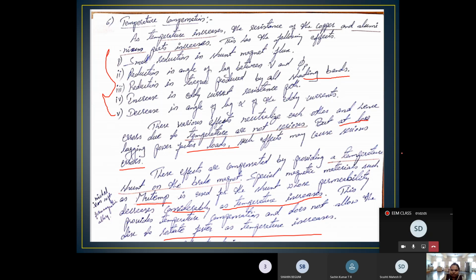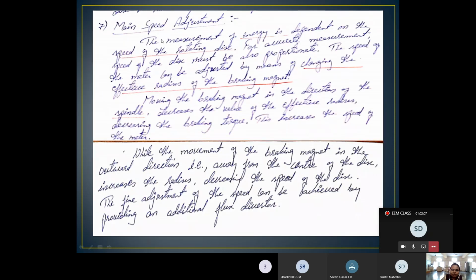And the last one is the main speed adjustment. Main speed adjustment means what we have to do for the disc. The measurement of energy depends on the speed of the rotating disc. Yes, how much the speed is rotating, based on that our energy depends. For accurate measurement, the speed of the disc must also be appropriate.